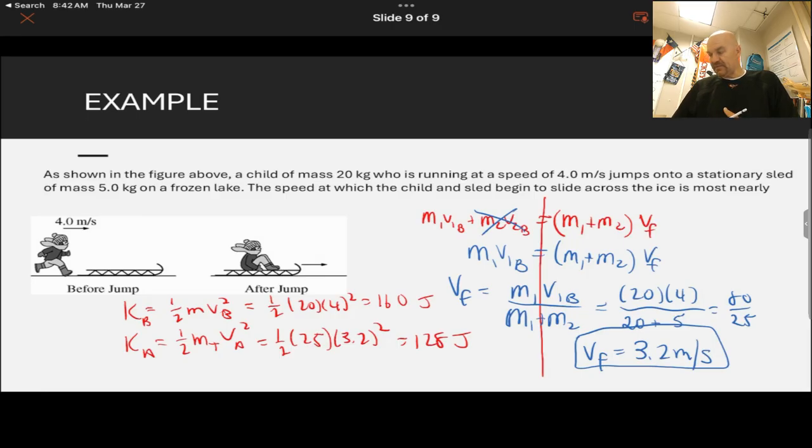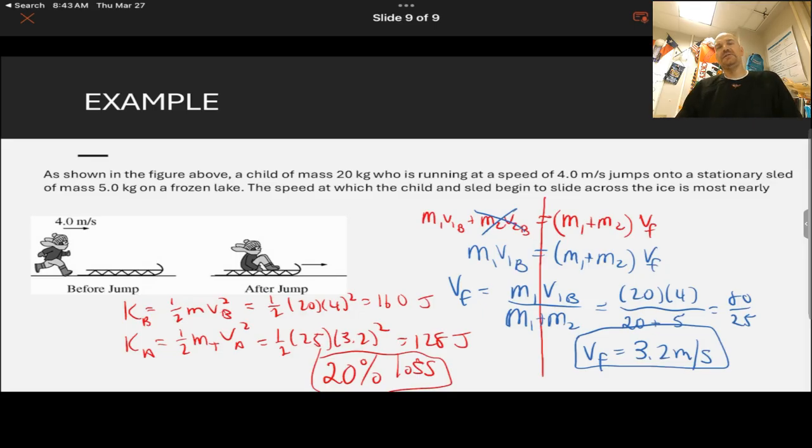They may ask for a percent: 128 divided by 160 is 80% of what it was originally, so that's a 20% loss of energy. Again, that's just the type of questions that they may ask you.